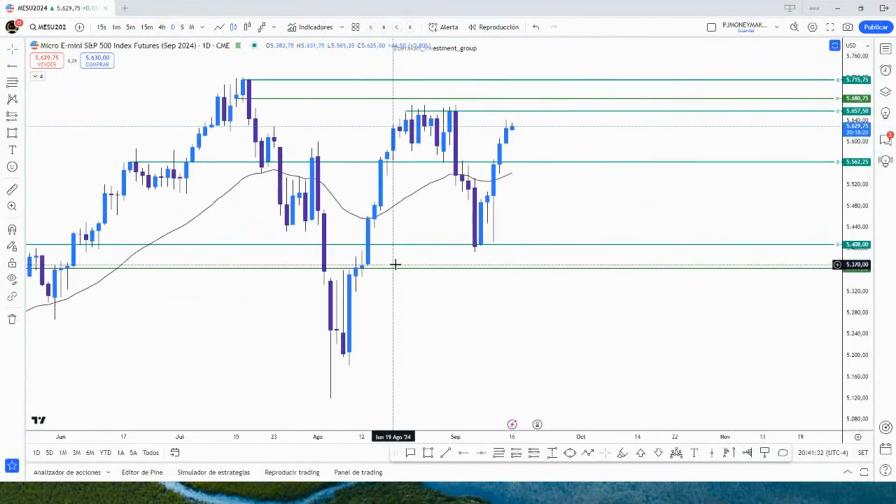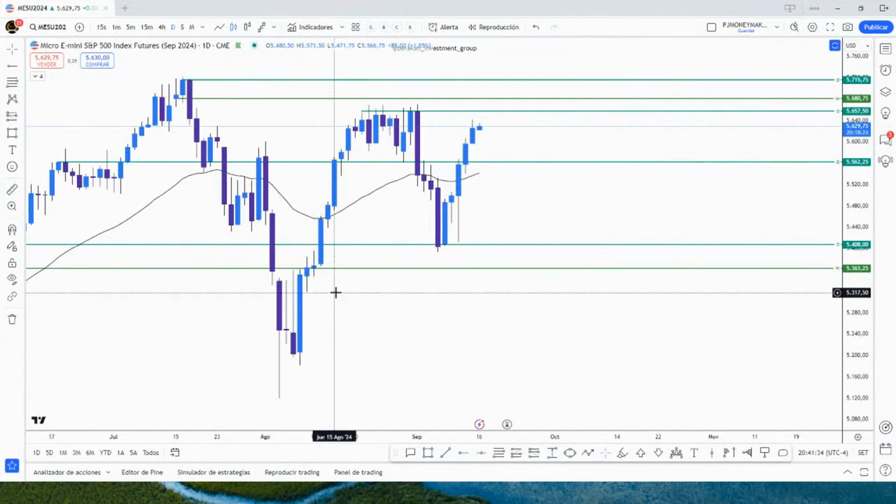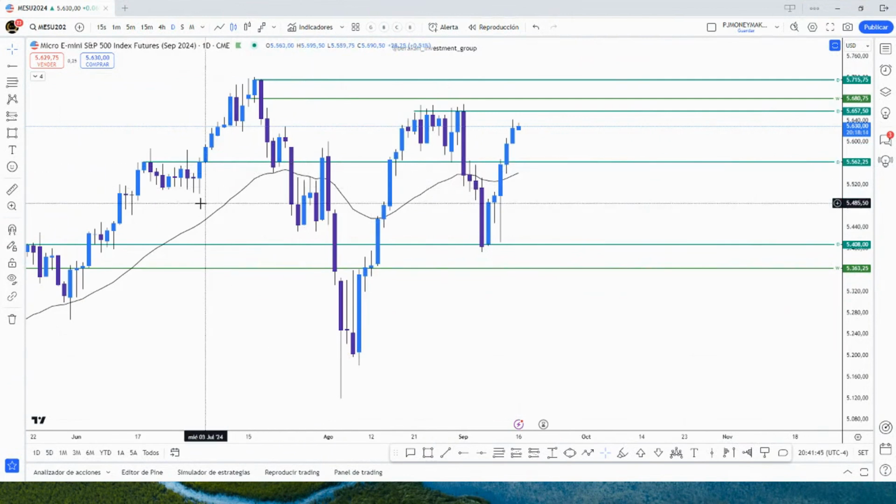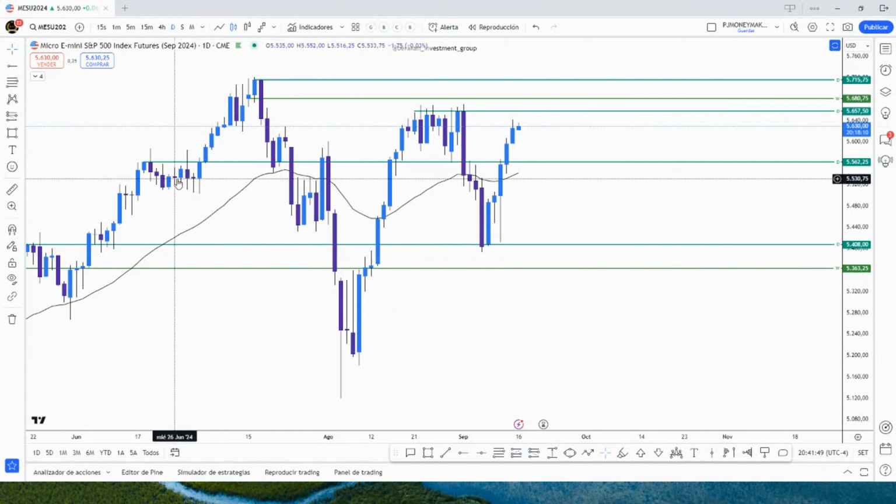So I see right here. We're gonna continue to find another potential reversal from the weekly, from the daily. And look right here. This is a bullish engulfing right here. You see?